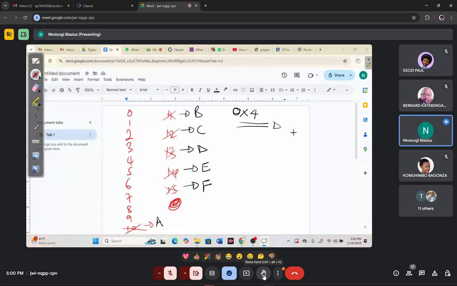For example, if this is supposed to be my hexadecimal number, someone would only identify that it's a hexadecimal number if I don't write it just as a mere 4 like this. If I write it like this, that is only when someone will understand that this is a hexadecimal value.